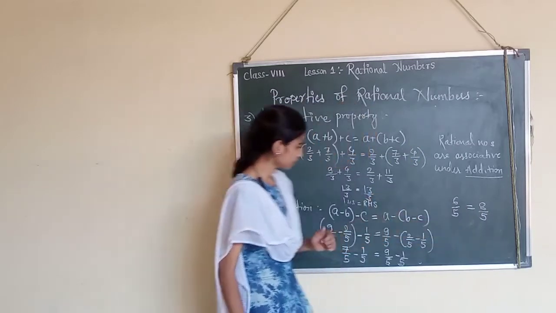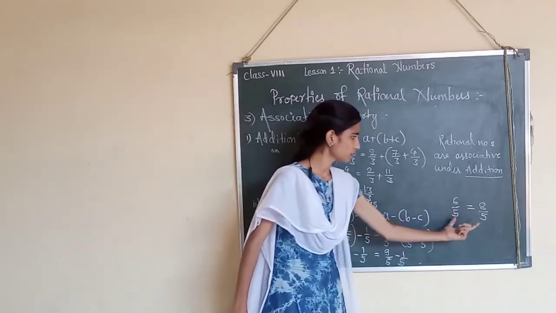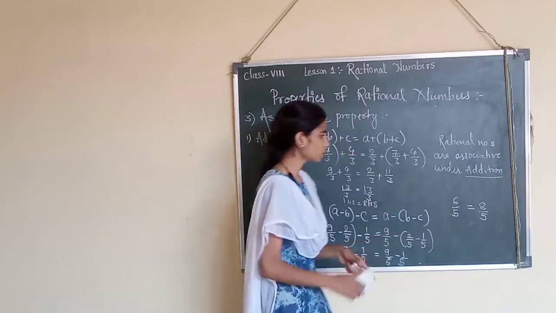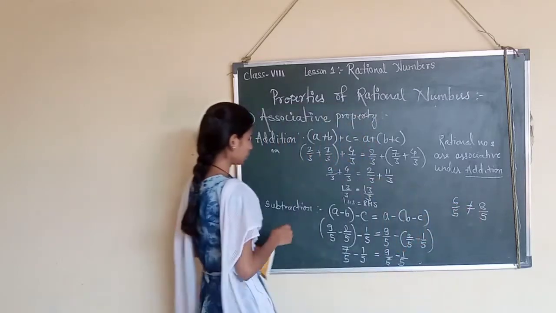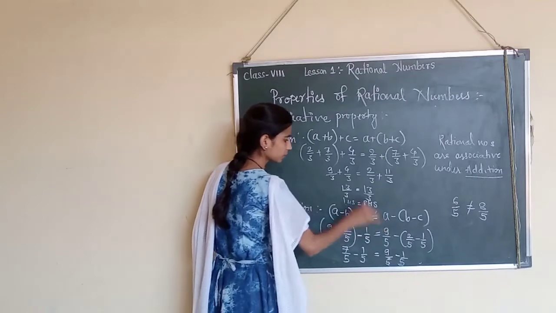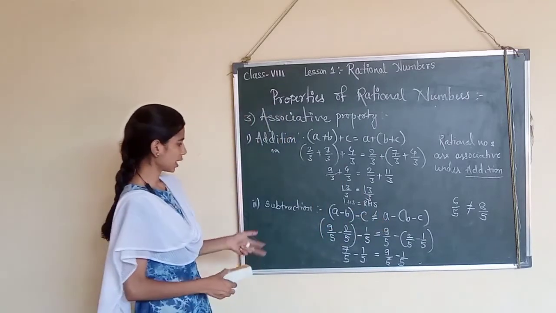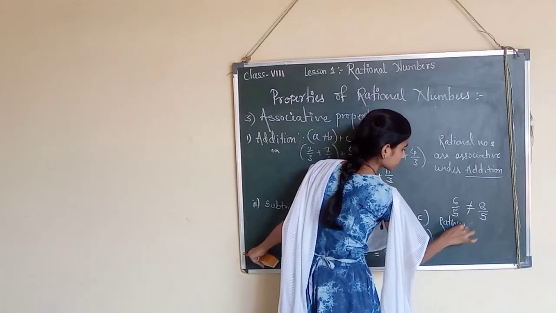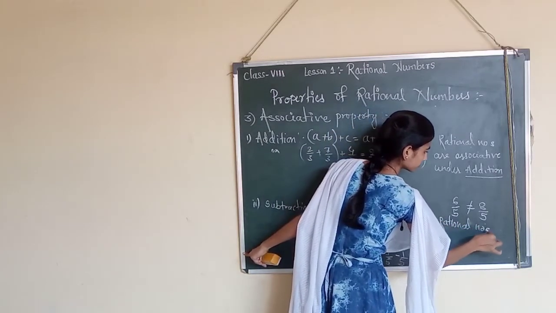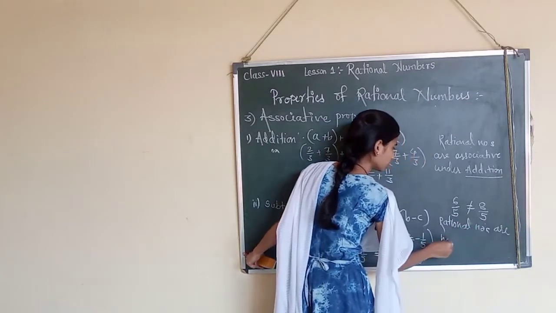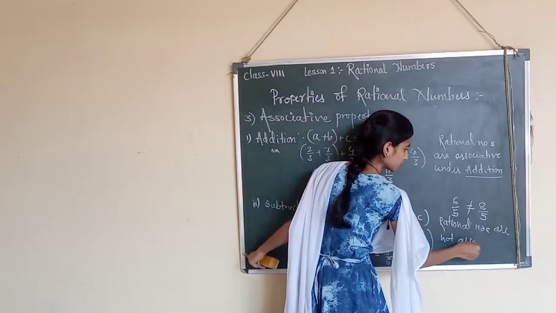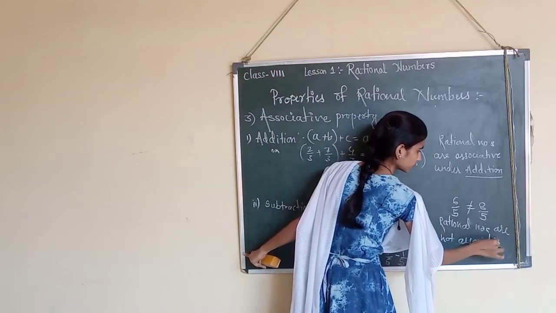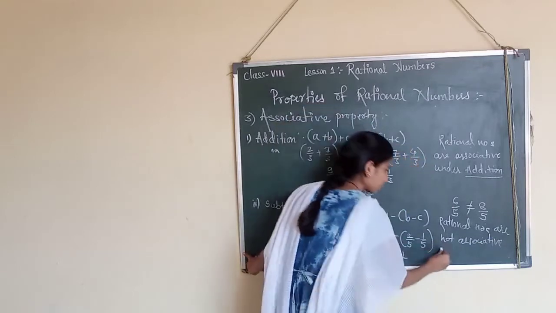RHS. Can we say that LHS and RHS are the same? No, they are not same. So what does it mean? In subtraction, the rational numbers are not associative. Means rational numbers are not associative under subtraction.